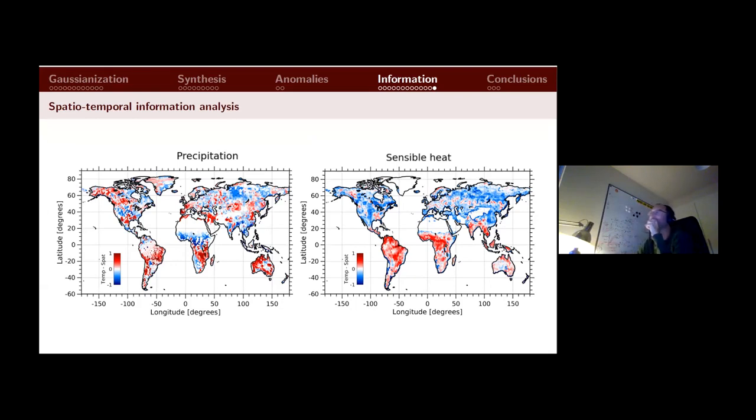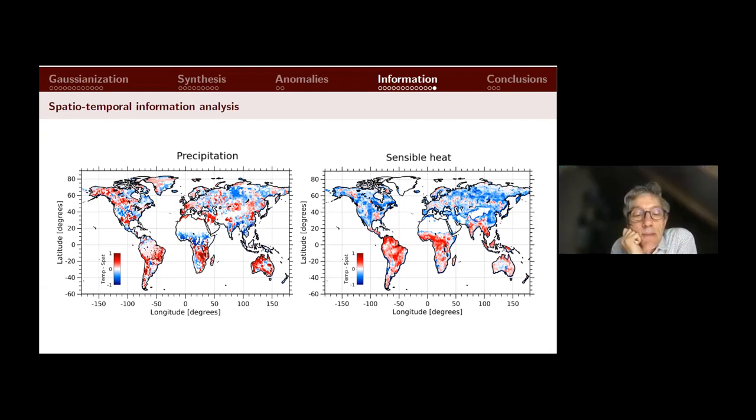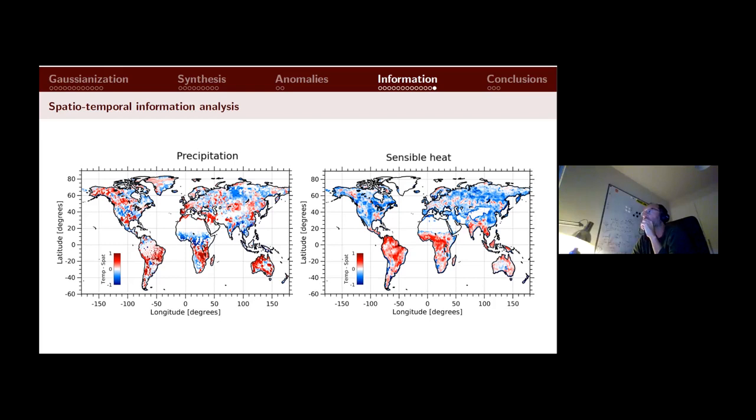Okay, perfect. So here what we are plotting is the trade-off. It is a divergent map. We are plotting the trade-off between fully spatial or fully temporal, which is dominating more the information in precipitation and sensible heat.